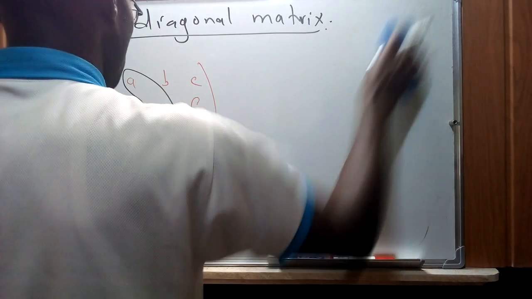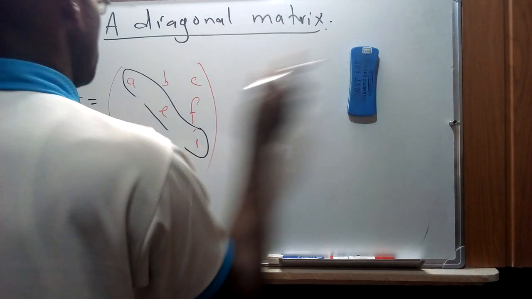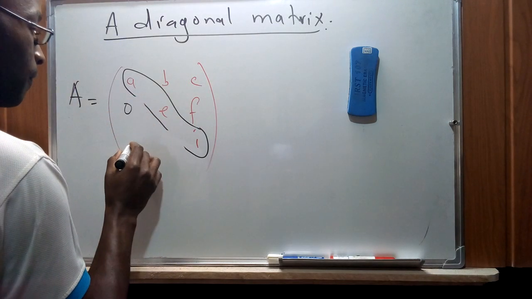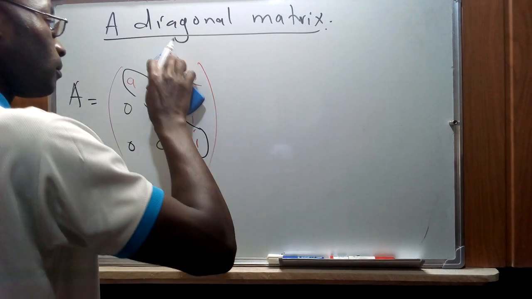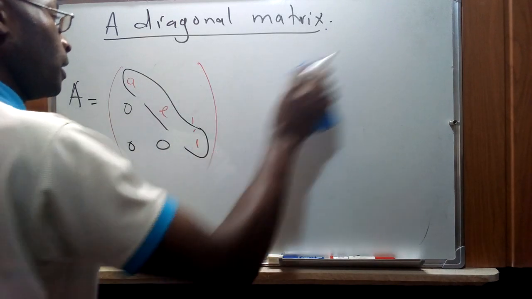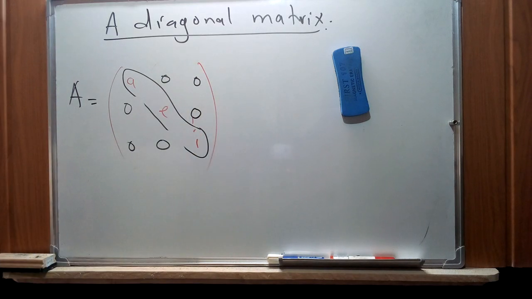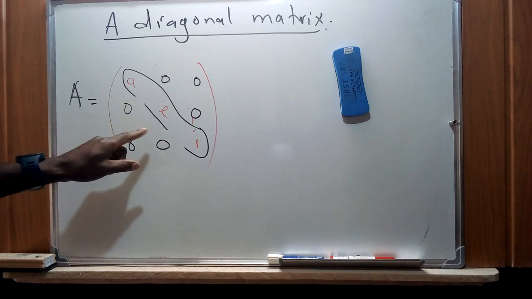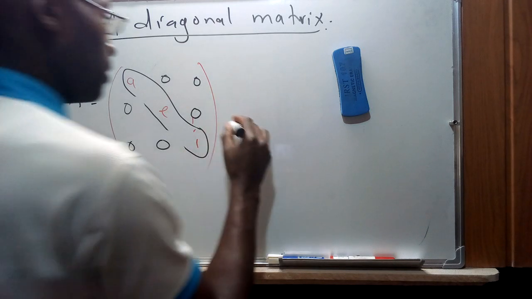Therefore, to represent this one as a diagonal matrix, we substitute these other elements with 0 and leave the main or principal diagonal as it is. This kind of matrix, with all other entries 0 except the main, leading or principal diagonal, is what we call a diagonal matrix.